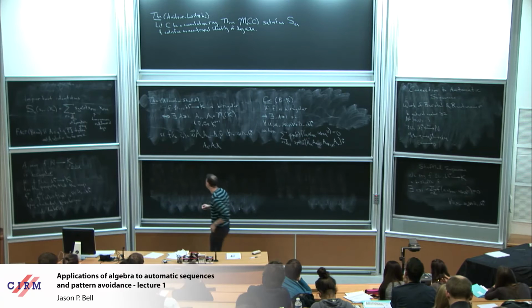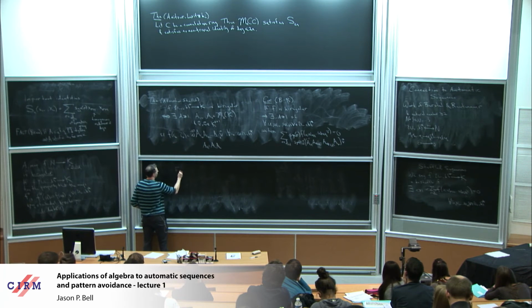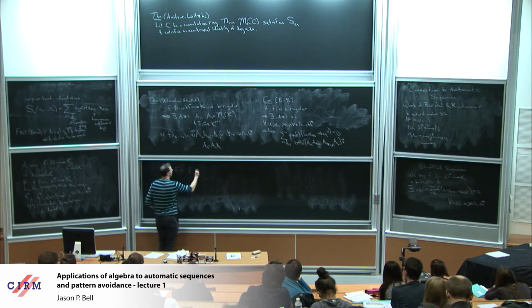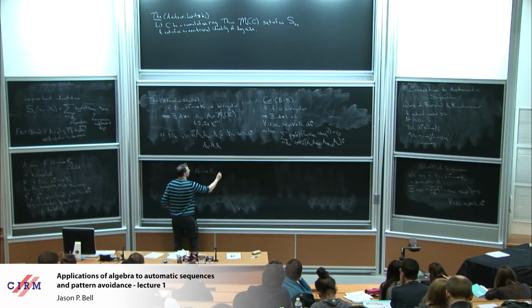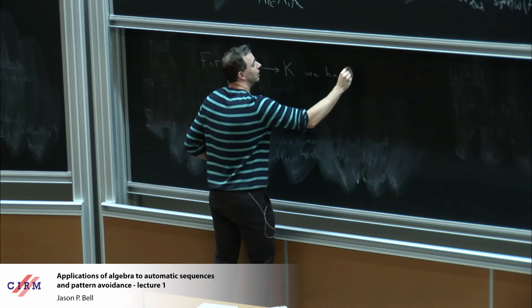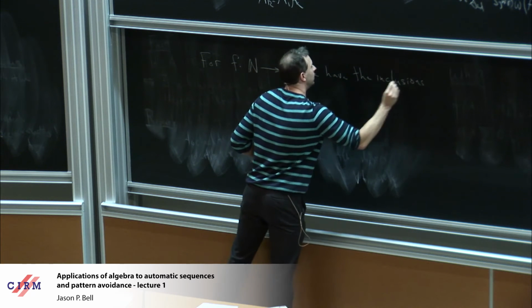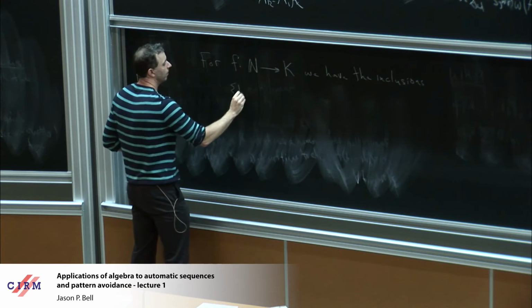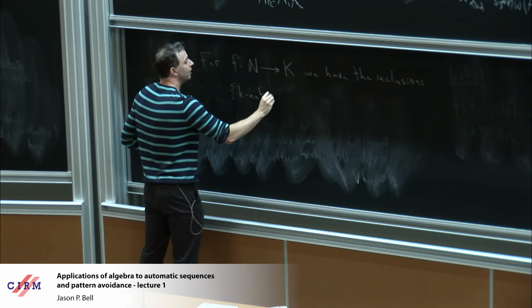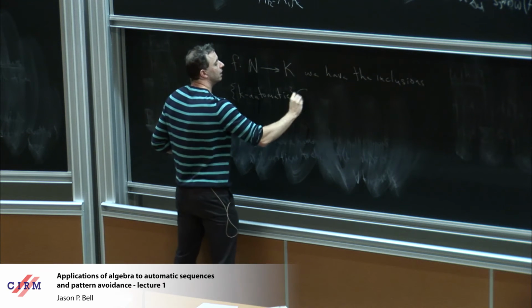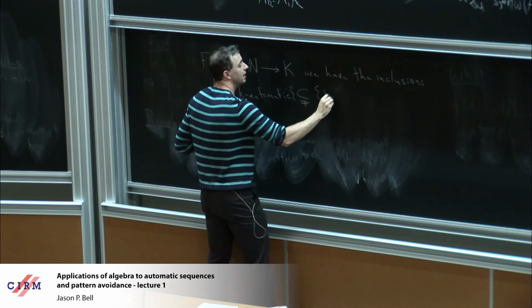So for maps, k-automatic maps are strictly contained in k-regular.